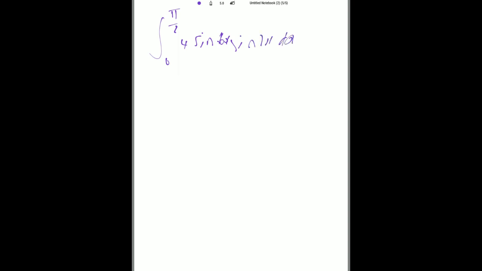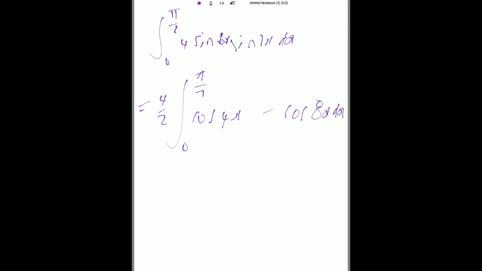You can remember the product to sum rules that we looked at some time ago. And we're going to be factoring out some stuff here and using that rule. So what are we left with? We're left with 4 over 2 times the integral from 0 to pi over 2 of what? Cos 4x minus cos 8x with respect to x.